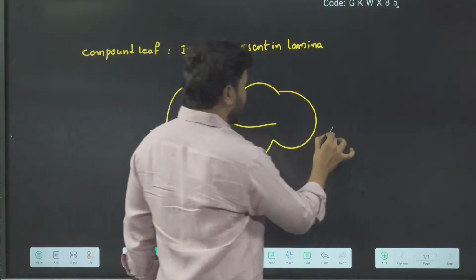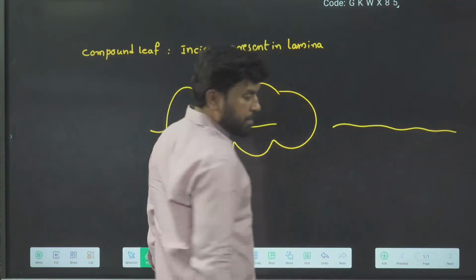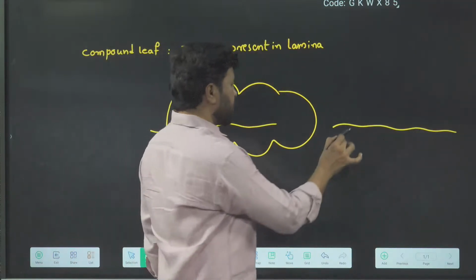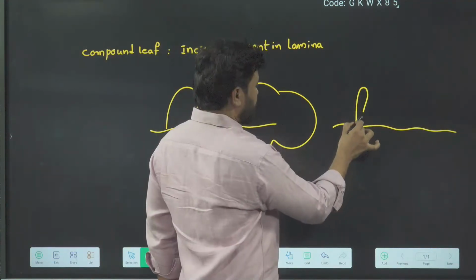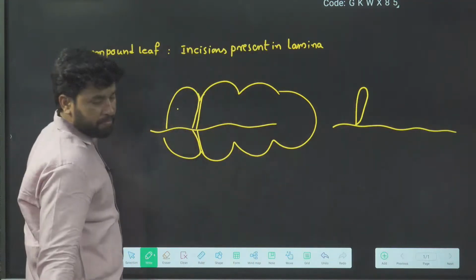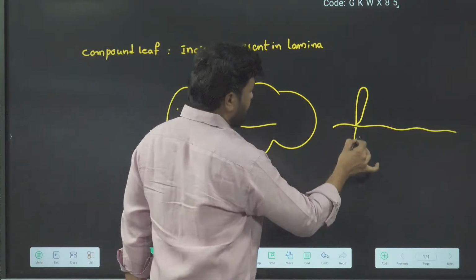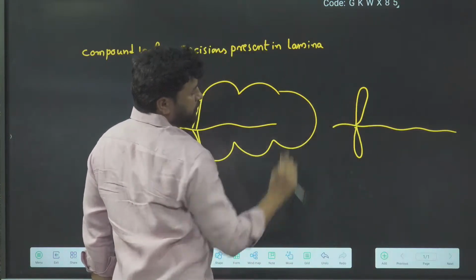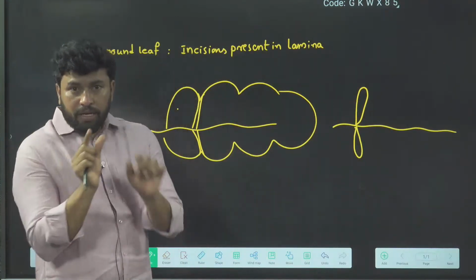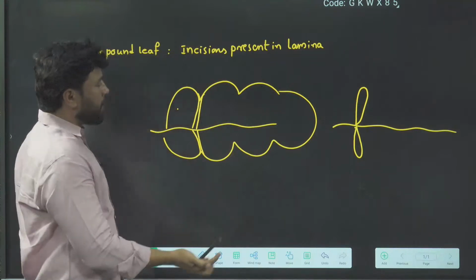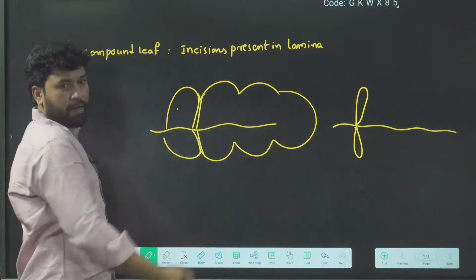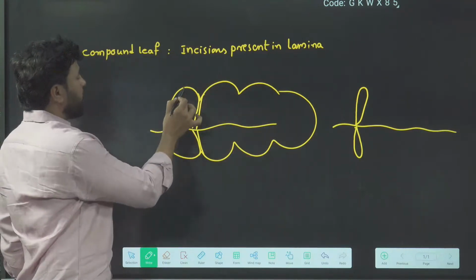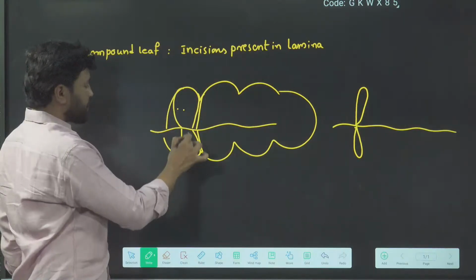Now, what would be the transformation? This is the midrib. This is an incision. This is another incision. That means a part of the lamina has been separated from the remaining part of the lamina.